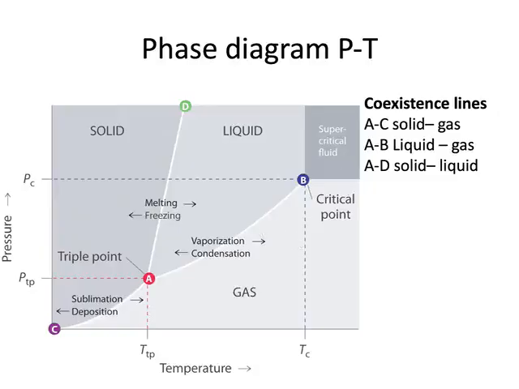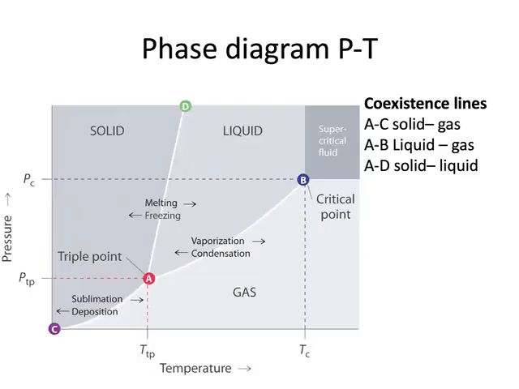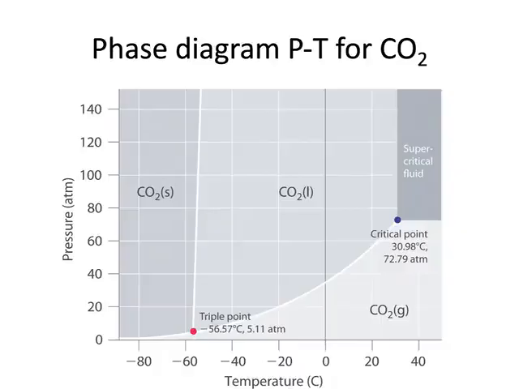Here's an example. The last was just a generic plot of a pressure-temperature phase diagram. Now we've put numbers in for a specific substance, and this substance in this case is carbon dioxide.